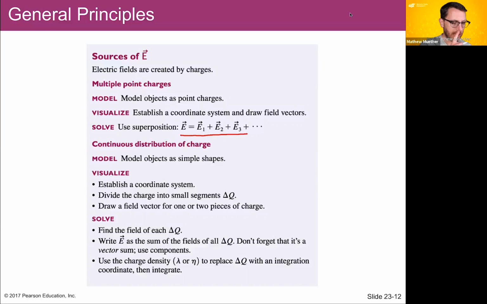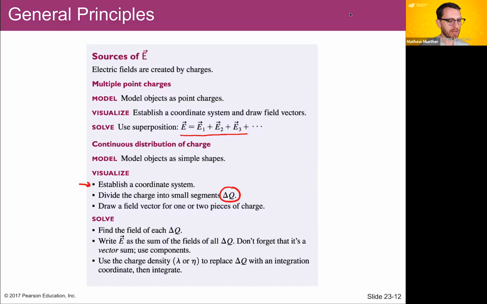And we went through a problem in some detail where we said anytime we're going to talk about the electric field coming from multiple objects, we want to follow these steps. First, draw a diagram, establish a coordinate system, and then try to find a way to break objects that we see into small segments of charge.